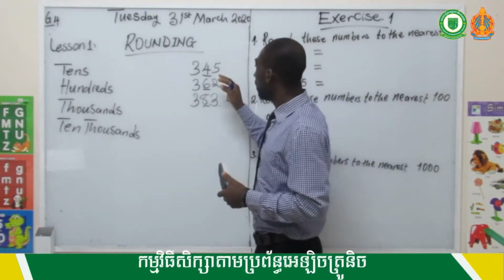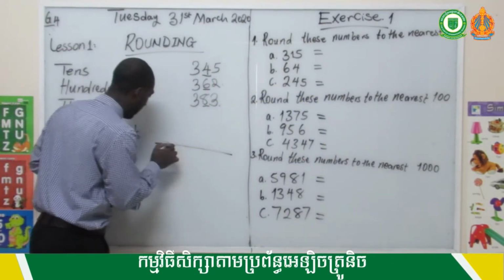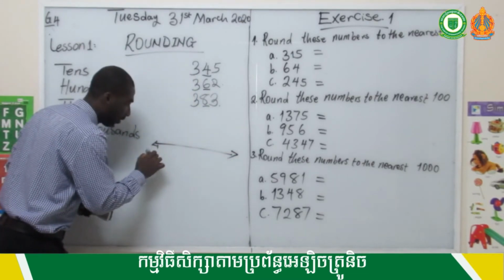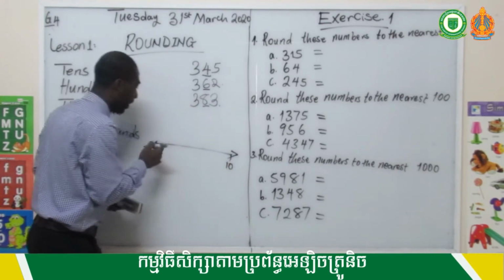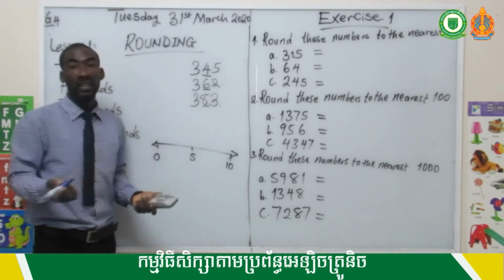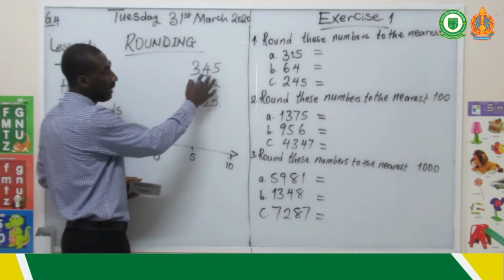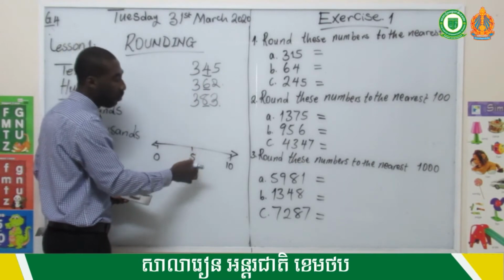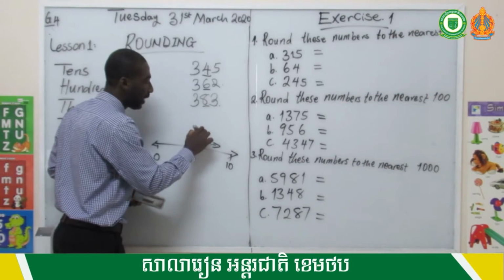Okay. The rule is that if you start on a normal line like this, and you have this place to be 0, and you have here to be 10. In between 0 and 10, you have a middle of 5. So the rule is that when your next door number is 5 and more, you round up.